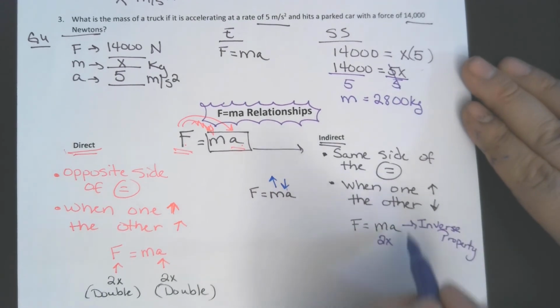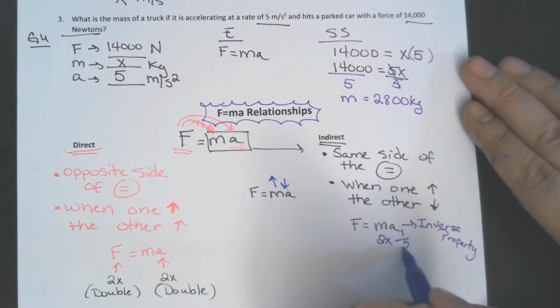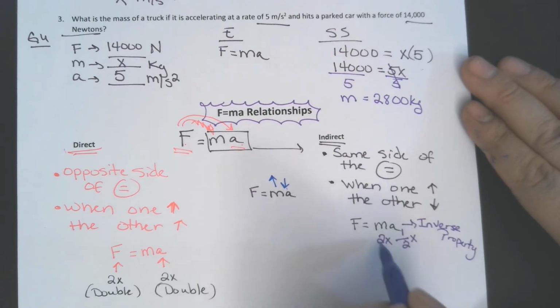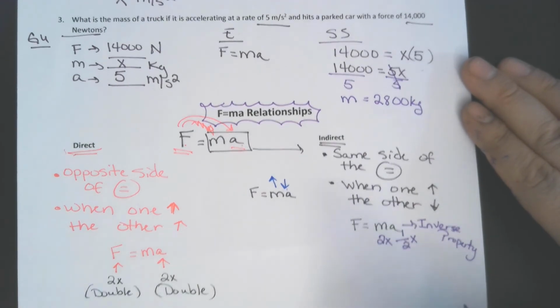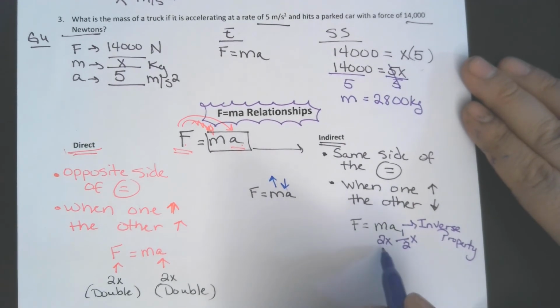The inverse property in math says that this is now going to become 1/2 times. It's the reciprocal. Remember that every number technically has a 1 underneath. So now we're going to flip it, and it's going to be 1/2 for the acceleration.